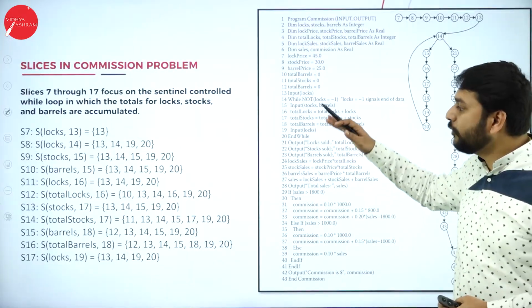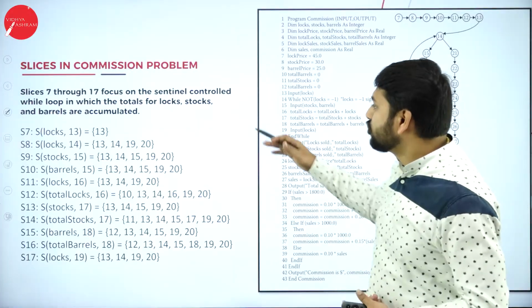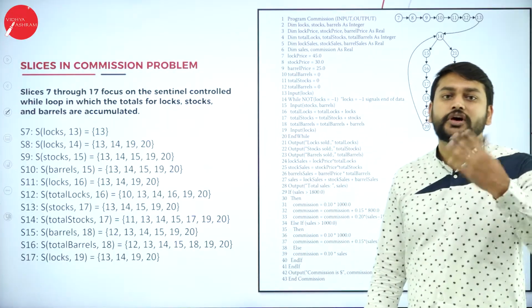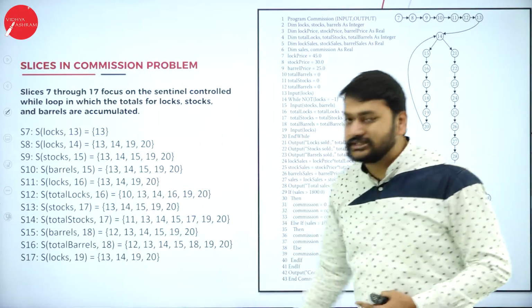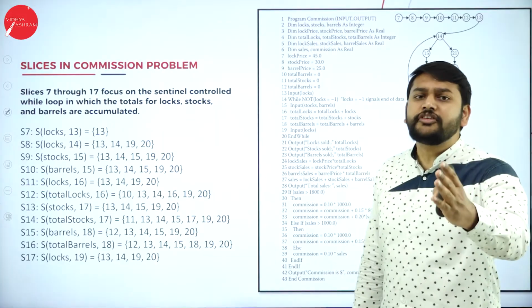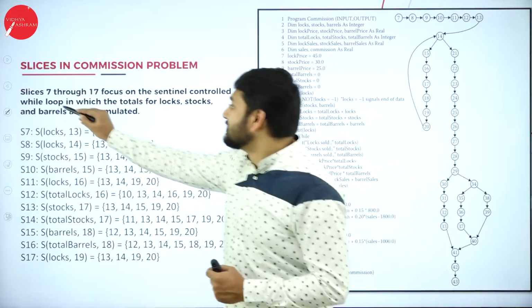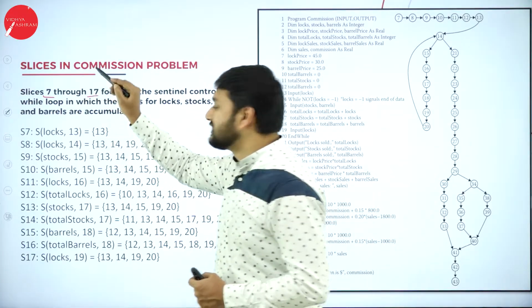Especially I will call this group the sentinel group. Why are we calling it a sentinel group? Because all these slices come under it. We have the next group of slicing, the slices from slice 7 to slice 17.